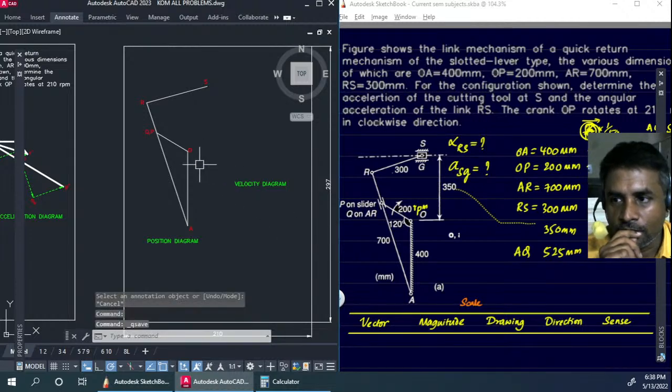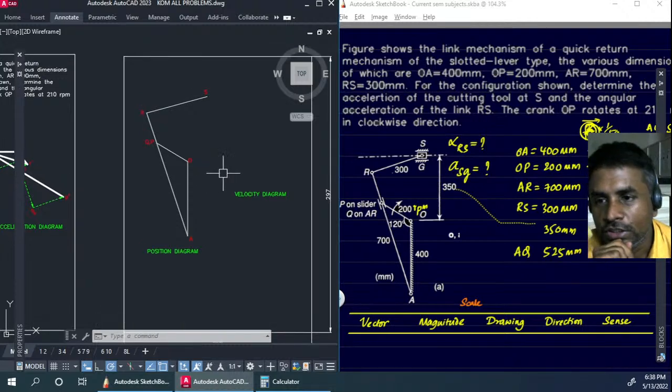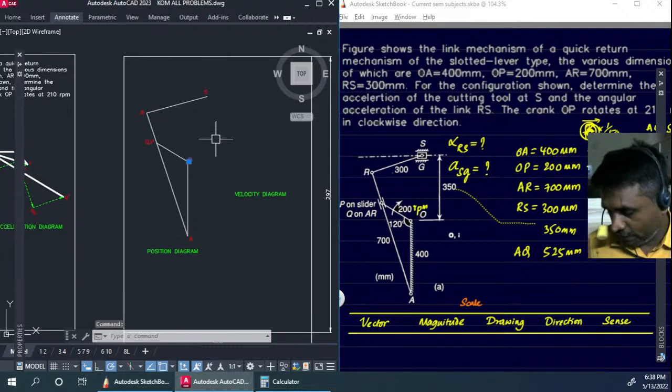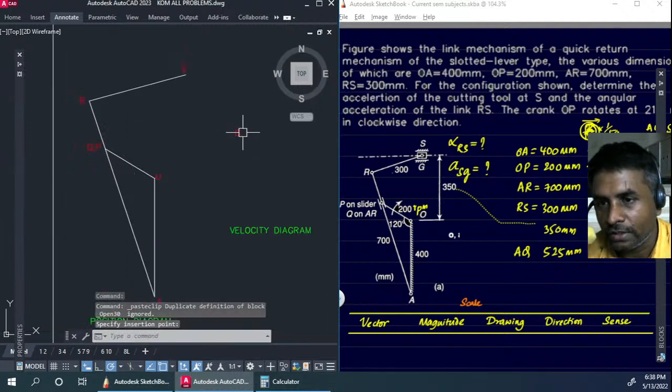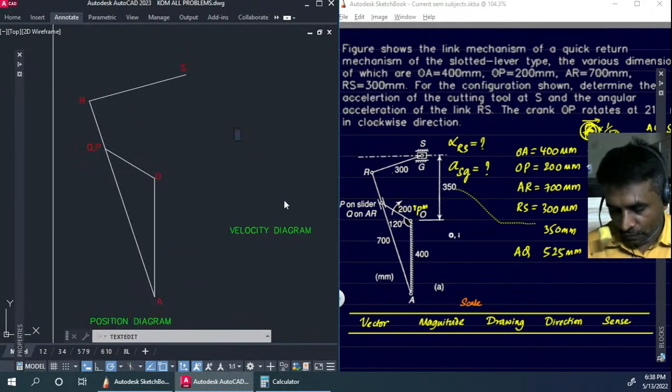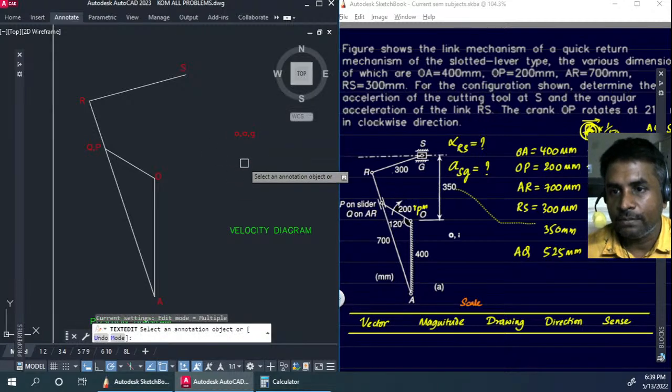In order to start the velocity diagram, I need to take all the fixed points and keep them at one place. For the velocity diagram, we are going to be using smaller letters, so I'm going to turn off caps lock. So we have o, we have a, and we have the point g, all located at the same starting point.